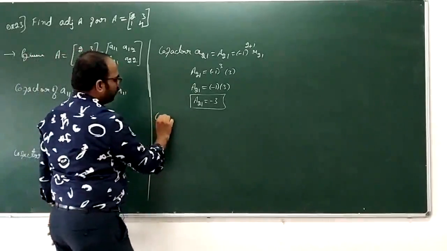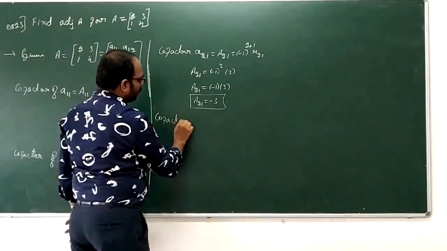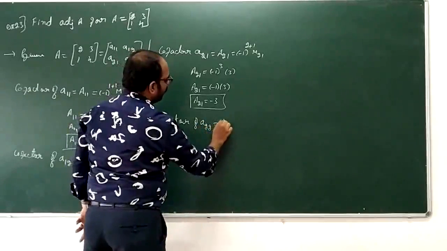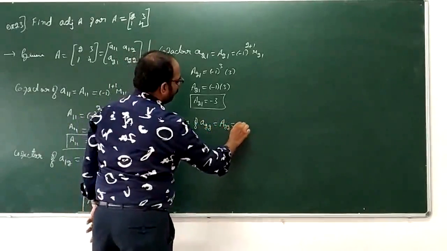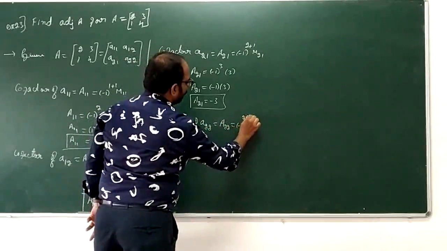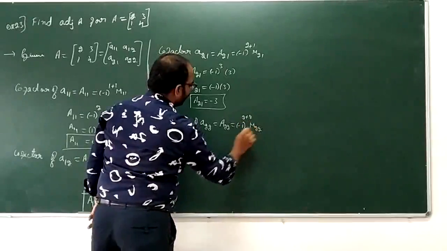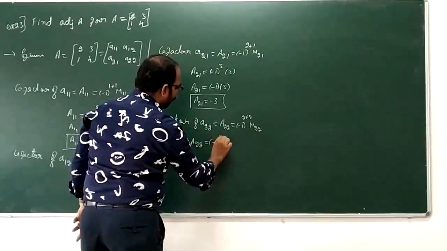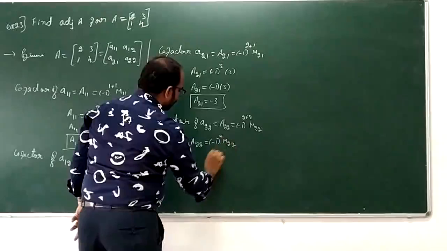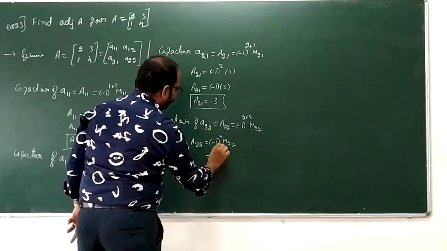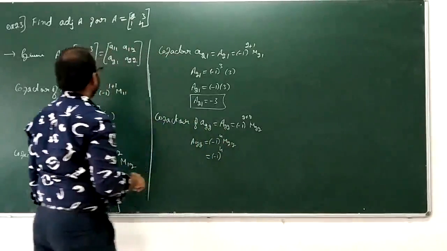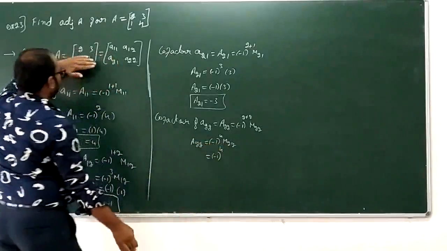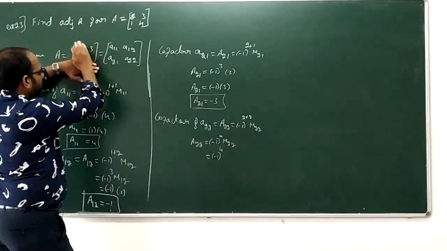Lastly, cofactor of A22 is equal to minus 1 to the power of 2 plus 2 into minor of M22, that is minus 1 to the power of 4 into minor of 22, meaning deleting the second row and second column, I am getting 2.